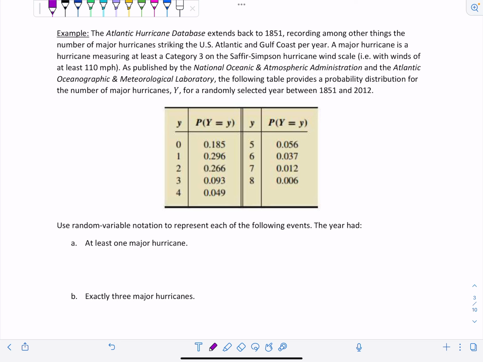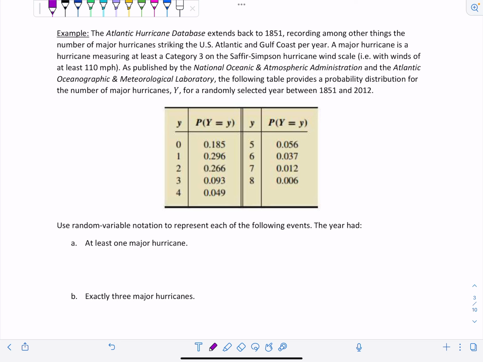As published by the National Oceanic and Atmospheric Administration and the Atlantic Oceanographic and Meteorological Laboratory, the following table provides a probability distribution for the number of major hurricanes Y for a randomly selected year between 1851 and 2012.